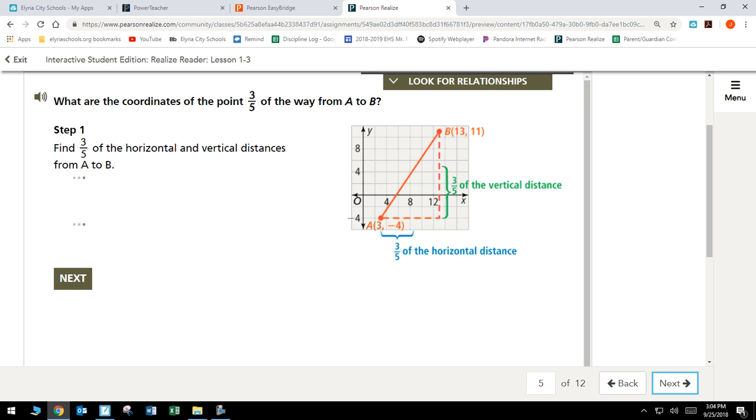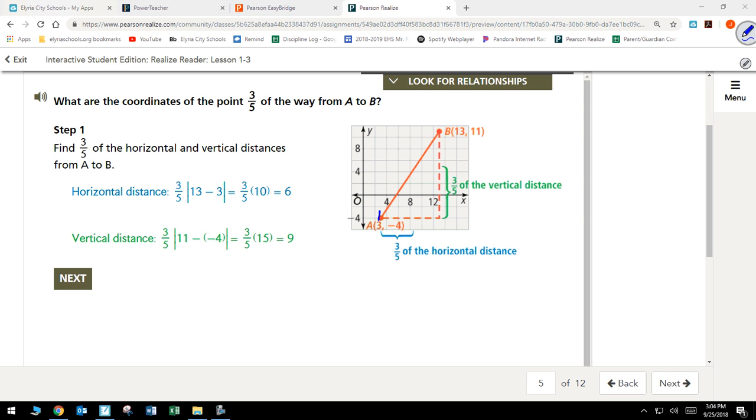So, we need to find out my horizontal distance that I've traveled. So from here to here will be my horizontal distance. And if I started at 3 and I end up at 13 for my x's, that tells me that I've gone a distance of 10.